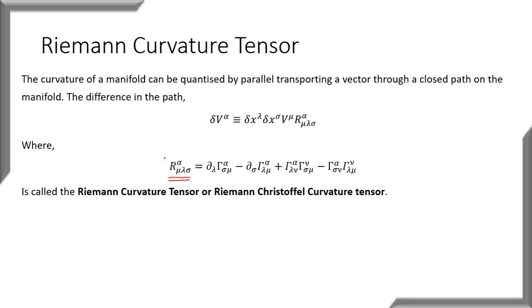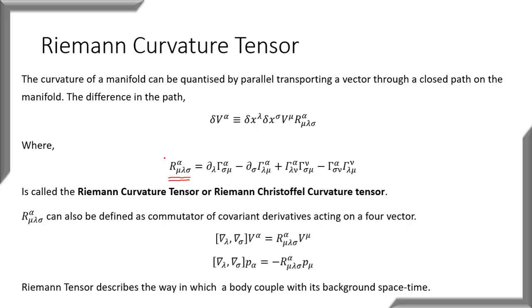So now let's look into another way of writing the curvature tensor. The Riemann curvature tensor can also be defined using the commutator relationships of the covariant derivative, which is acting on any 4 vector. Here, when it is acting on the velocity 4 vector, we can see that it is a Riemann curvature tensor into the velocity 4 vector.